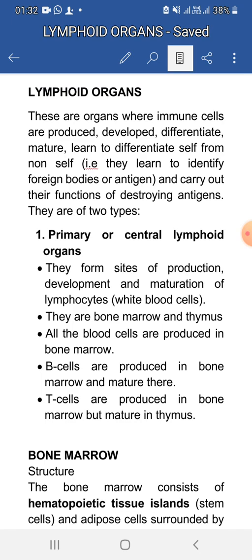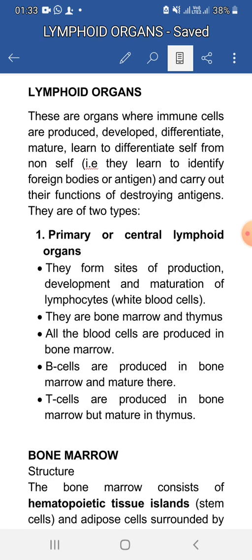Before we start, let me state that in primary lymphoid organs, the major activity is production of immune cells. The other major activity is growth and development and even specialization, that's differentiation of these immune cells.